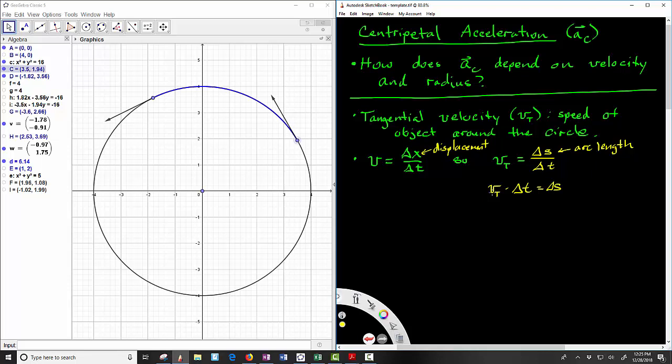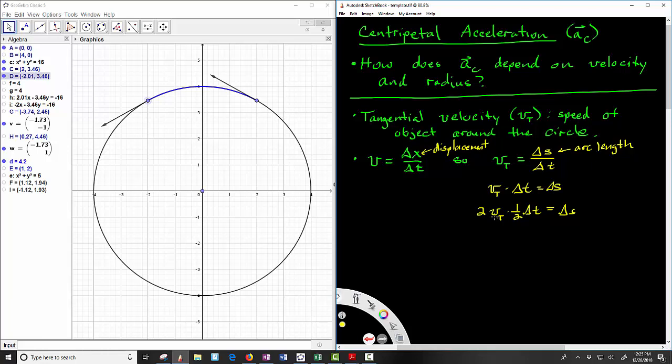So let's think about what happens if I start increasing the velocity. If I were to double it, we want to keep the arc length the same. Let me clarify that. We're going to go from here to over here, so it's nice and even. Same arc length, if I double the velocity. If I have twice the velocity but I want the same arc length, then I've got to do it in 1/2 the time.